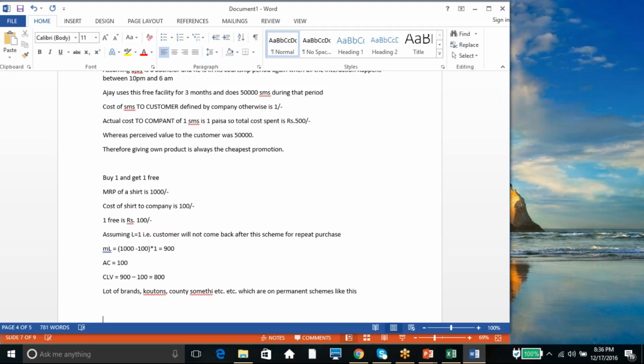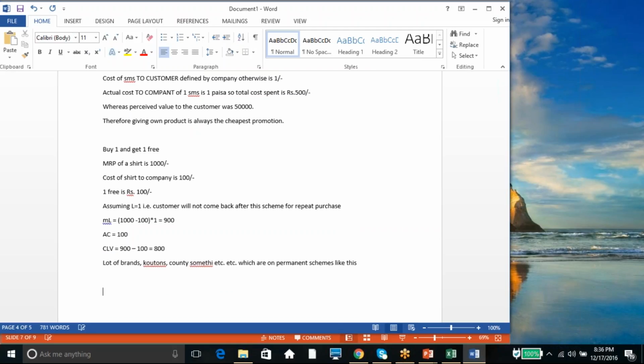Let's take one more example. So ShopClose gives you 100% cashback on first purchase, to a maximum of rupees 500.